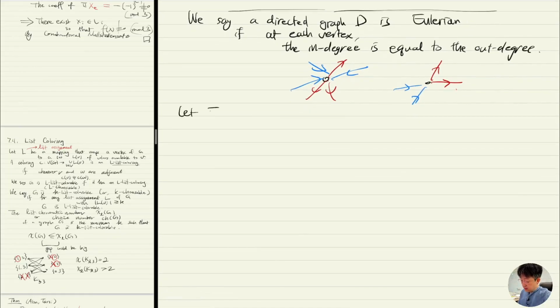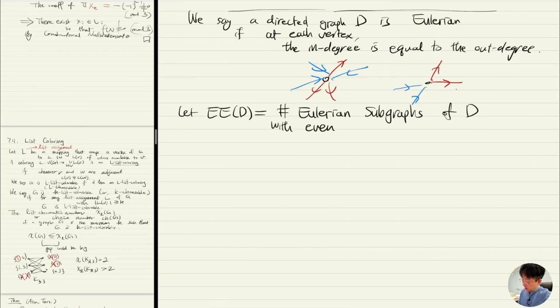Now let EE(D) be the number of Eulerian subgraphs of D with an even number of edges.